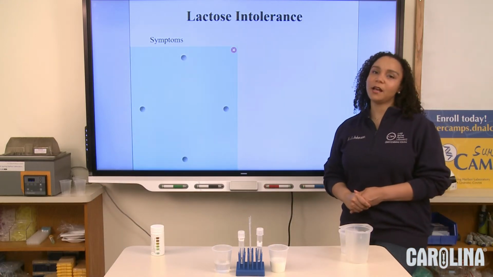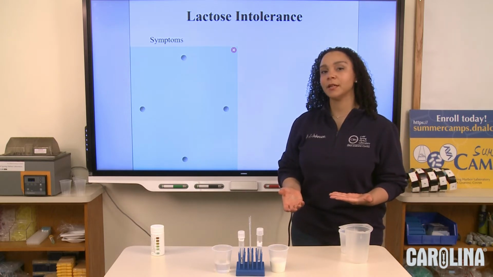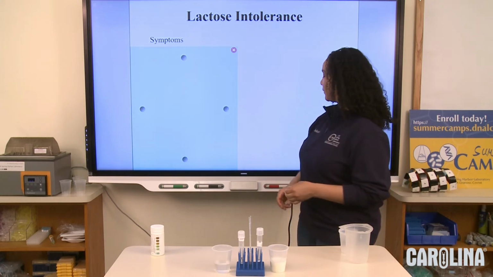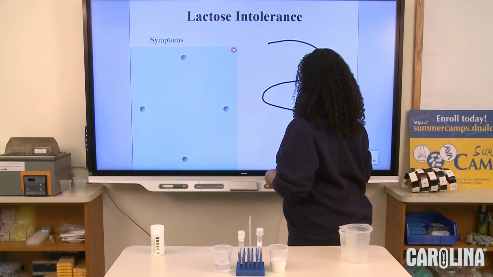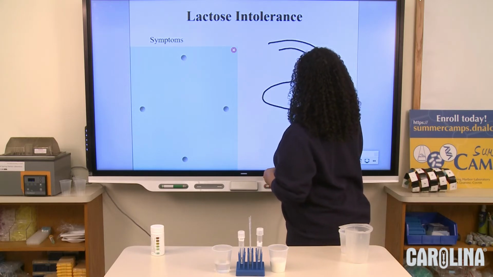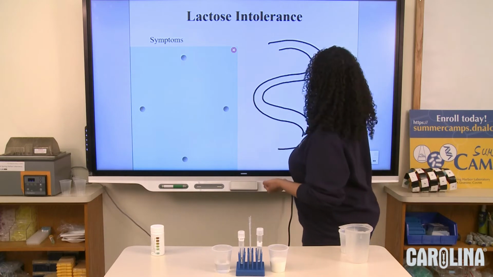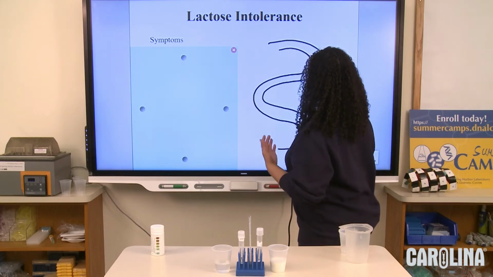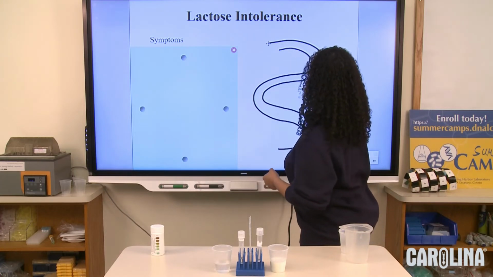Speaking of lactose intolerant, we talked a lot about the science behind it, but what about the symptoms? What are the symptoms if you're lactose intolerant? Well, we know that lactose needs to be absorbed in our intestines, but it's a very big sugar. And what happens is, since the lactose isn't broken down, it accumulates and water rushes into the area.